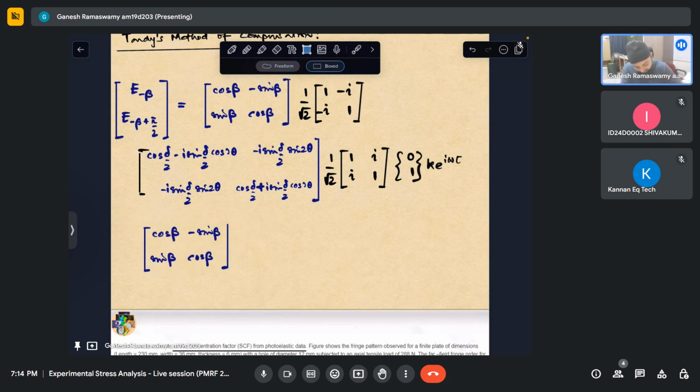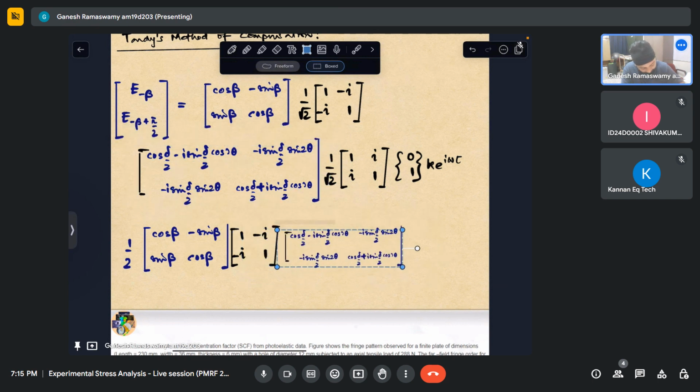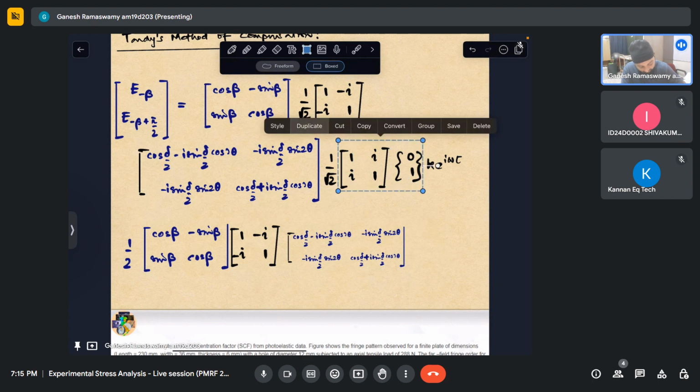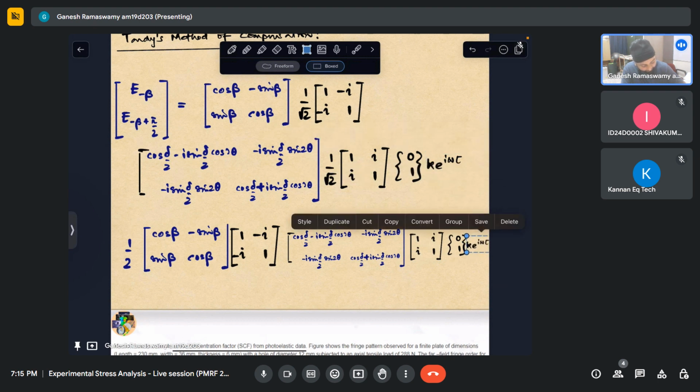So this is as is, and then I have a 2 here. Then I have this. Then I have this. I have these two quantities here. And then I have, as usual, this here. So this is what I need to multiply out.